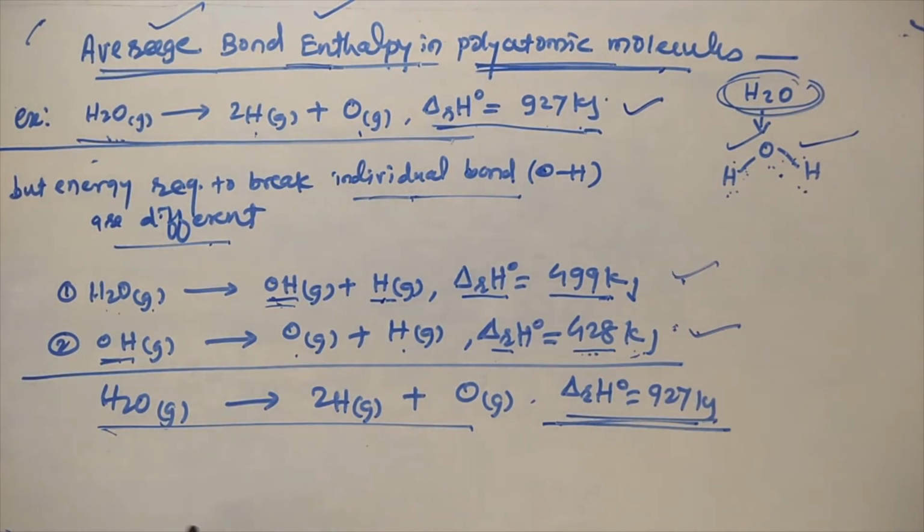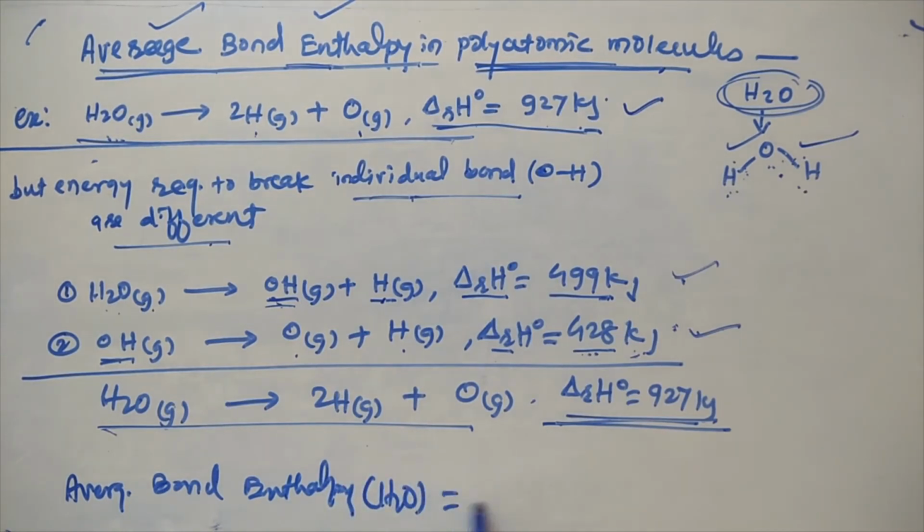So the average bond enthalpy of H2O is equal to 927 divided by 2, that is 463.5 kilojoules per mole. This is the concept of average bond enthalpy.